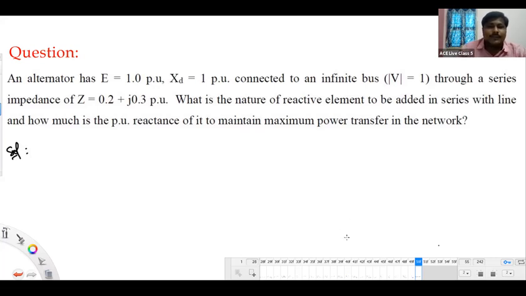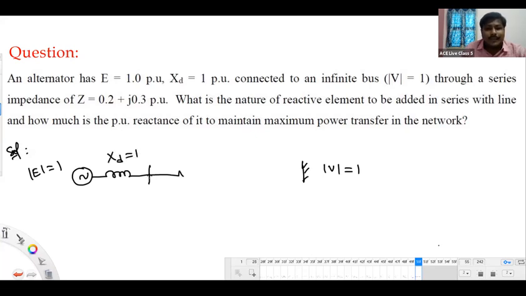Yeah. Look here. Just let me keep these things what I said in a diagram. This is alternator, and we have some internal reactance for the alternator connected to infinite bus. This is the infinite bus. Mod V value 1.2. Internal EMF is also 1. XD is 1 per unit.